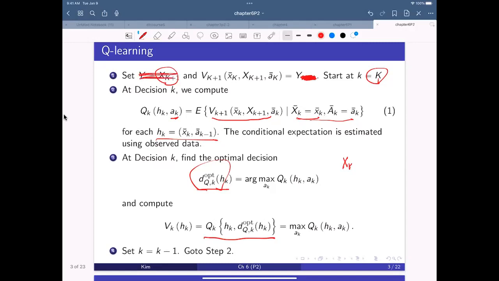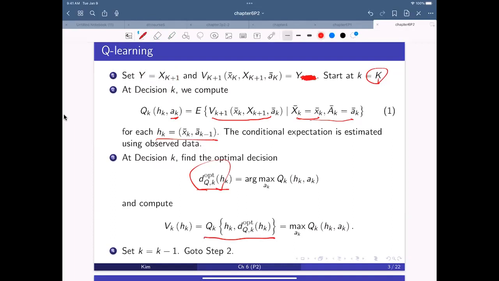I guess it's probably just to use this one then. But here, in the V_K plus 1, you also have X_K plus 1. Right, that's right.